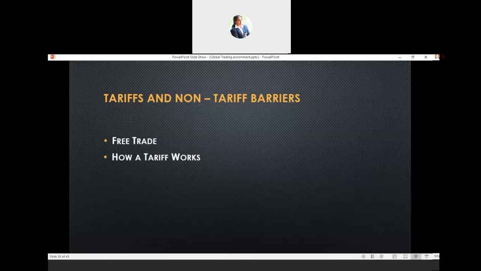And when the tax is increased, definitely the price of the goods would increase. And when people compare the domestic product with the imported goods, the imported goods would be less attractive to the domestic consumer as the price would go up.